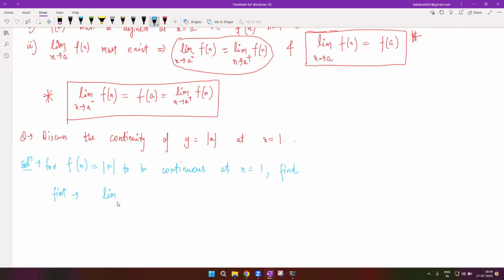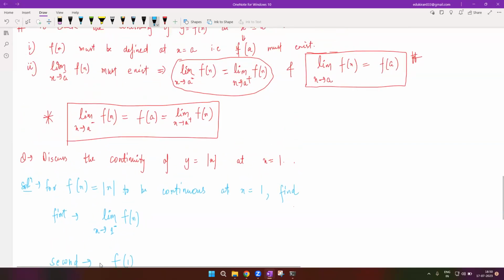First, find limit x tends to 1 negative f(x), which is the LHL. Right. Then second, I will find f(1). I'm checking for x is equal to 1. I'm just putting these things in this formula which I have written.